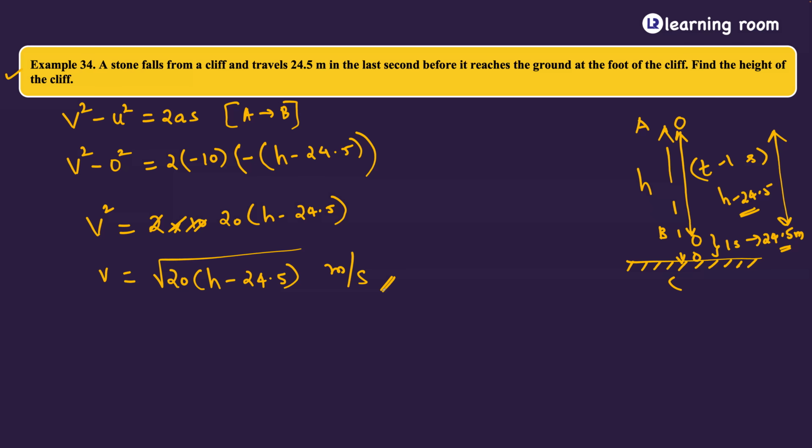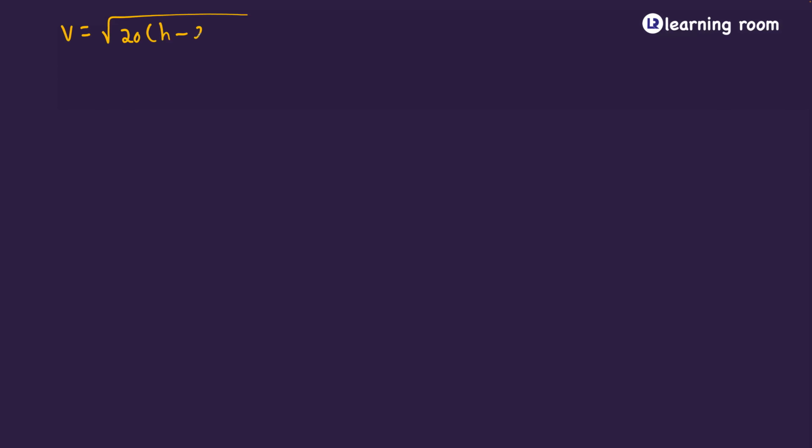Right? Now, the next point is, listen. So the next one, what is the equation we got? v is equal to root of 20 of h minus 24.5 meter per second.